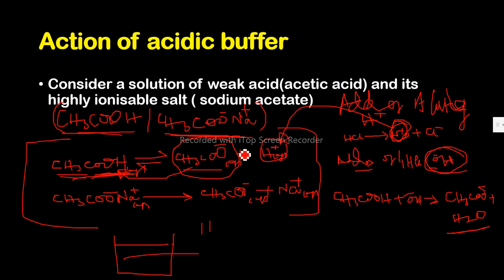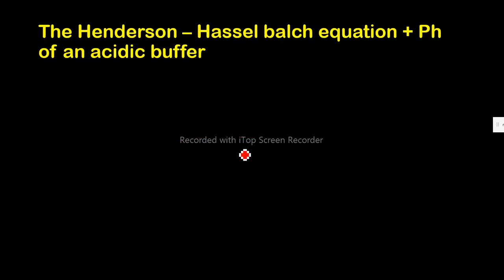So let's see, how can we determine the pH of an acidic buffer? From the Henderson-Hasselbalch equation, these are two guys, Henderson and Hasselbalch.